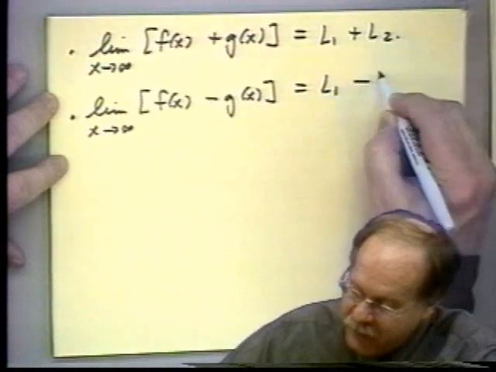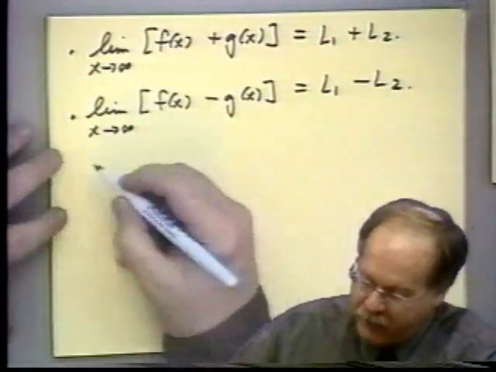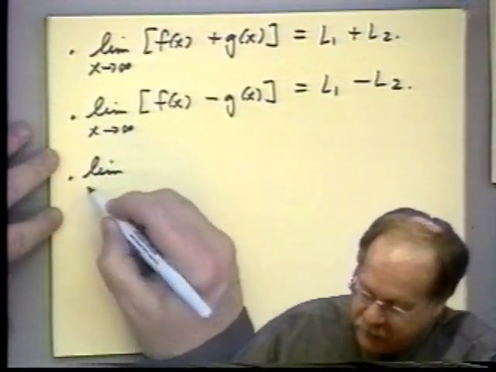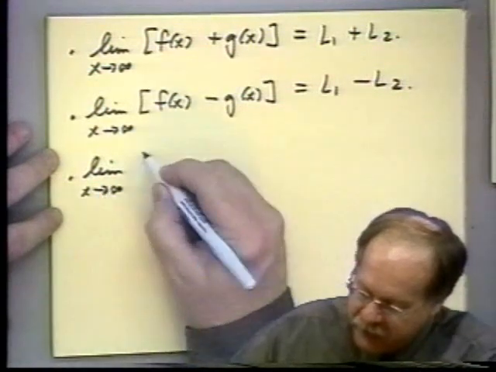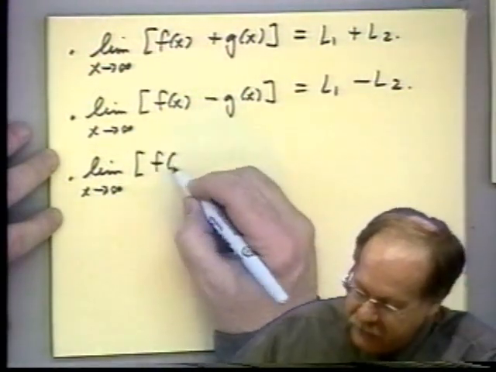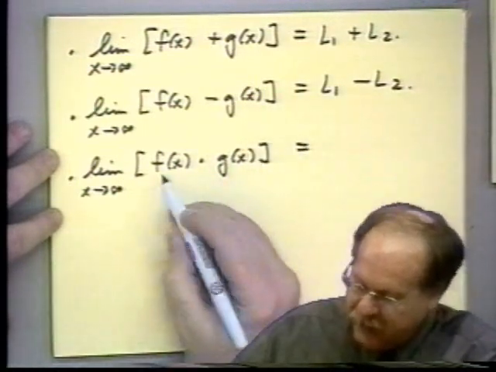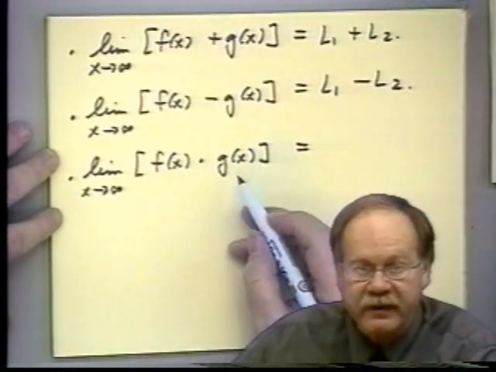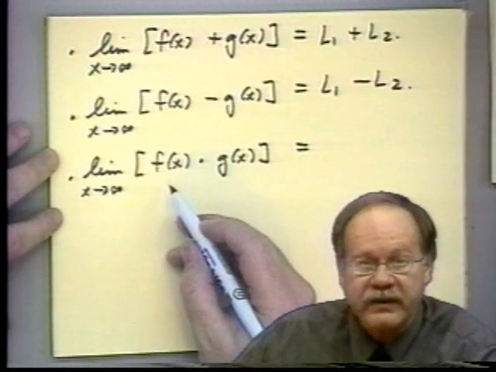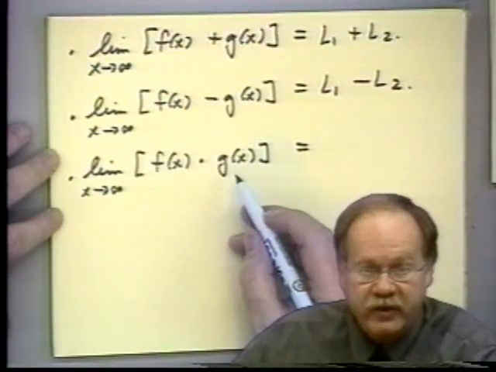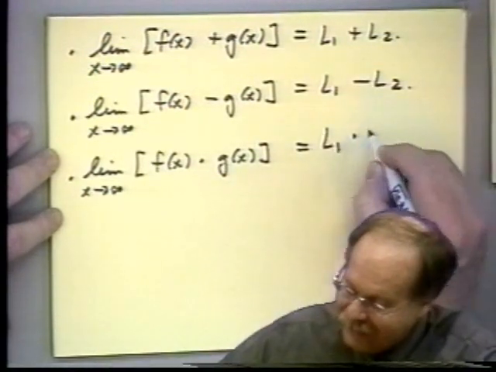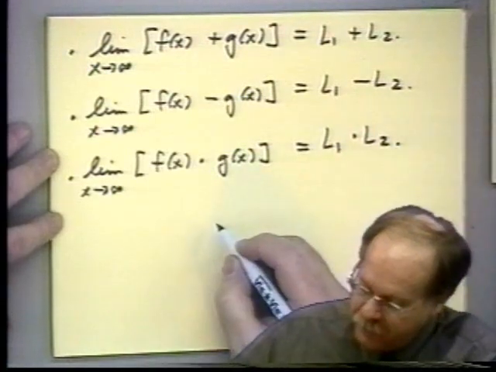This would be L1 minus L2. The product, luckily for limits, is very straightforward. The limit of f of x times g of x is the limit of f of x times the limit of g of x. And the limit of f of x is L1, the limit of g of x is L2, so this is L1 times L2.